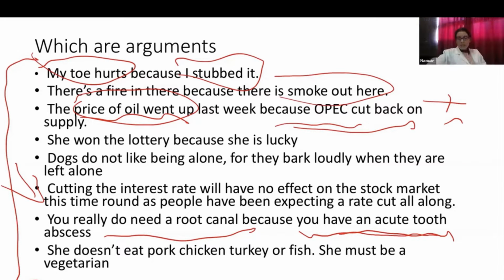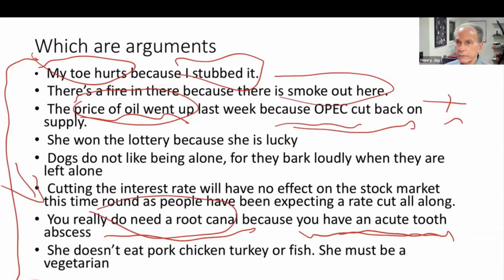He doesn't give an explanation, he gave a solution. A potential solution, which is a point of view. Yes. This is the claim: you need a root canal, because you have an acute tooth abscess. So the person is arguing why you need a root canal.